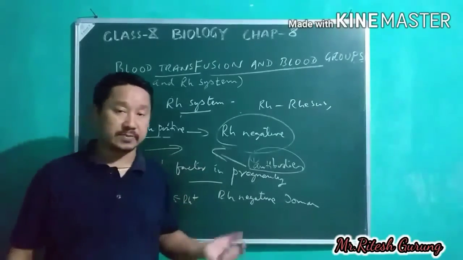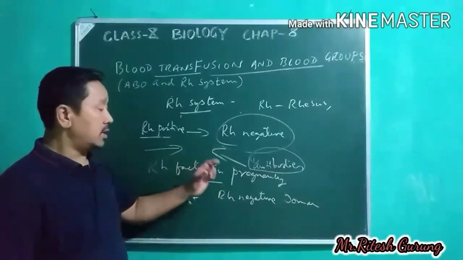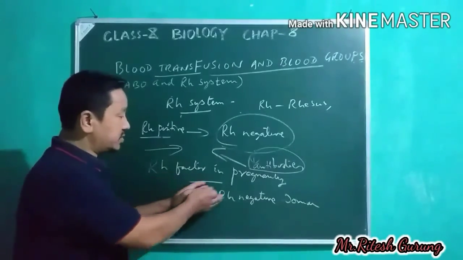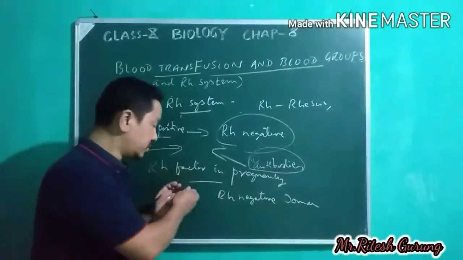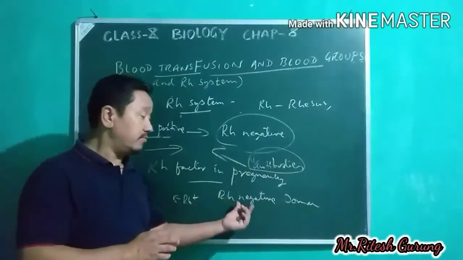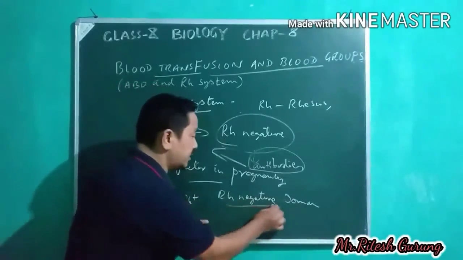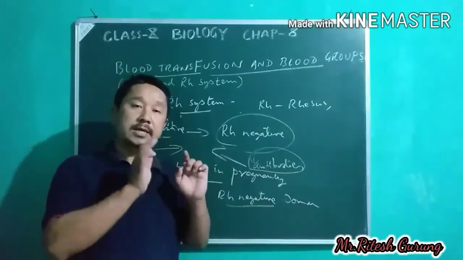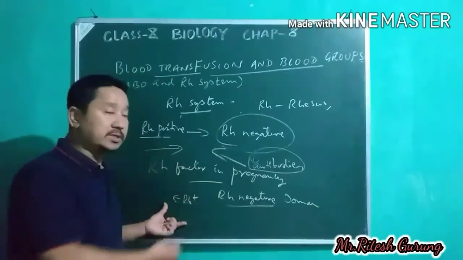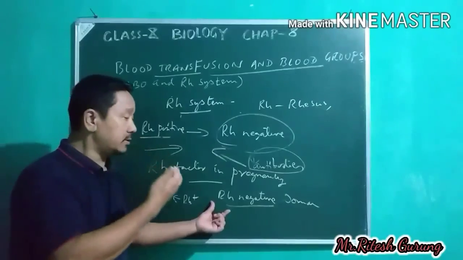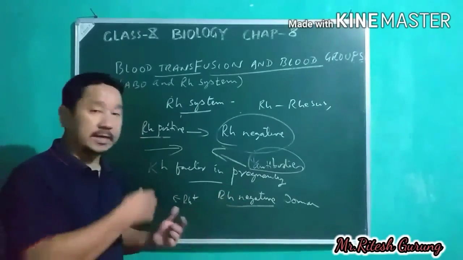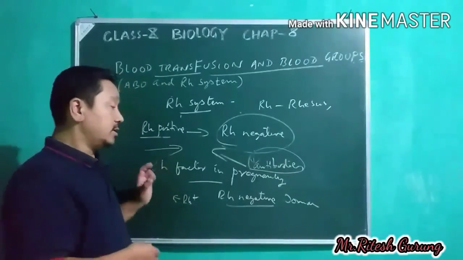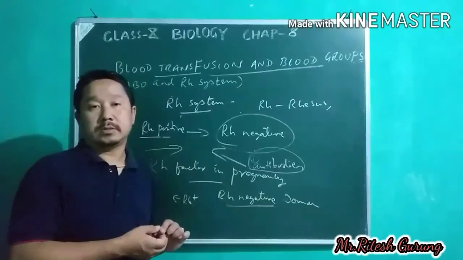But in the meantime, in this woman, antibodies will be formed. Then suppose the woman conceives a second time immediately, there will be some complexities.